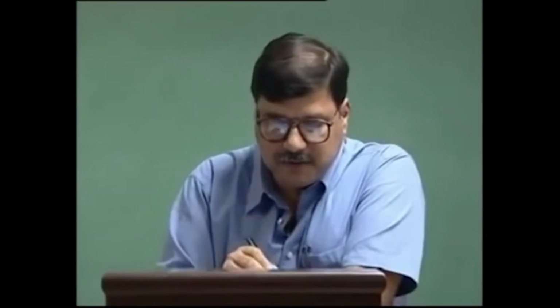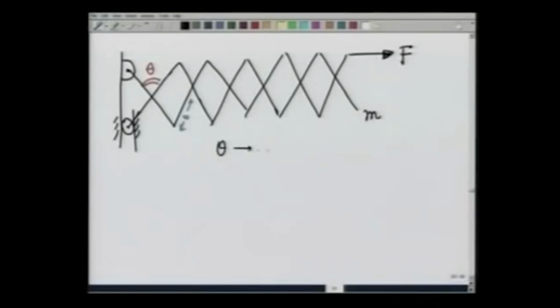Imagine again a virtual displacement of the system, so that theta goes to theta plus delta theta. If that happens, all these points are going to move up, and all these gaps here are going to widen up.